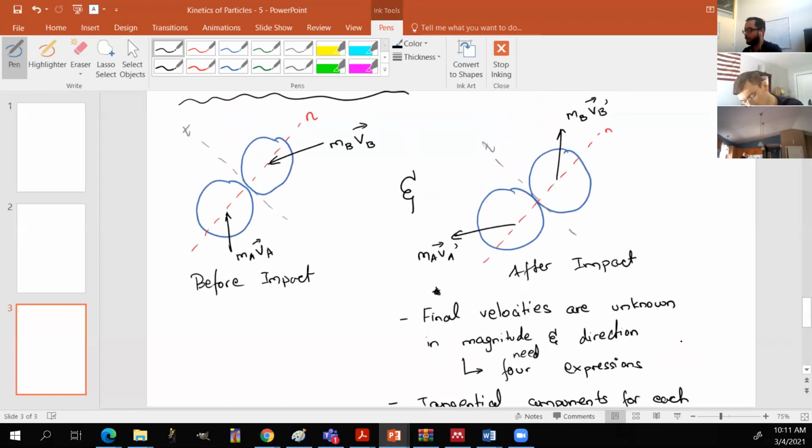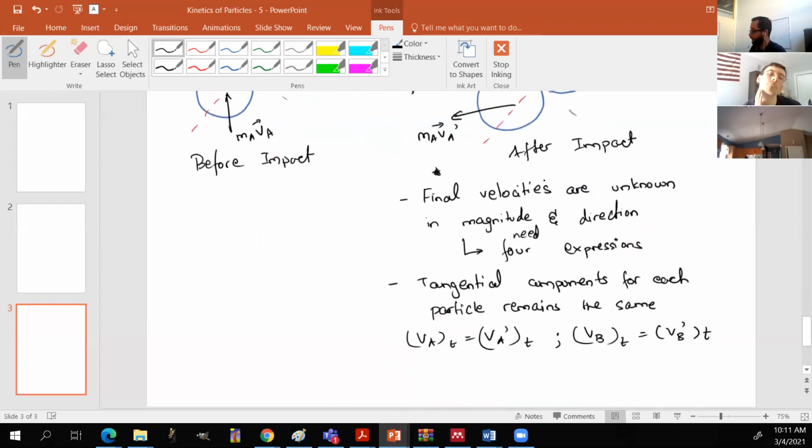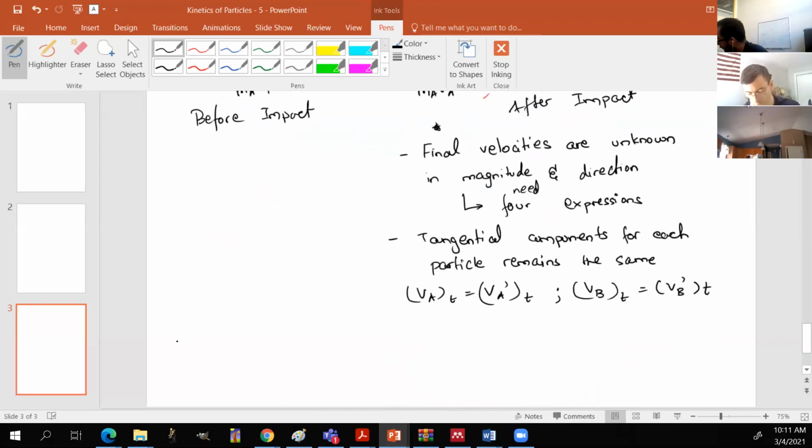Linear momentum along the line of impact remains conserved. Again, this is because along the line of impact, there's no impulse, right? So that gives you your third expression. So let's number them. This is 1, this is 2.